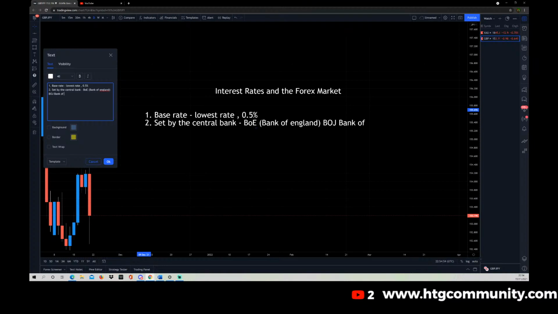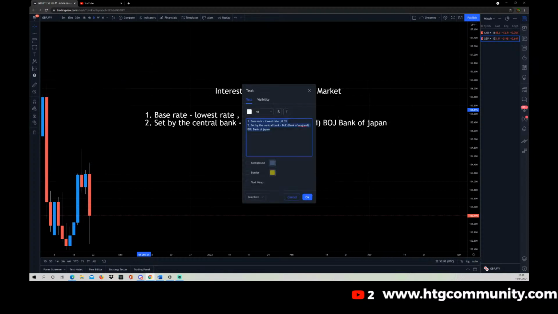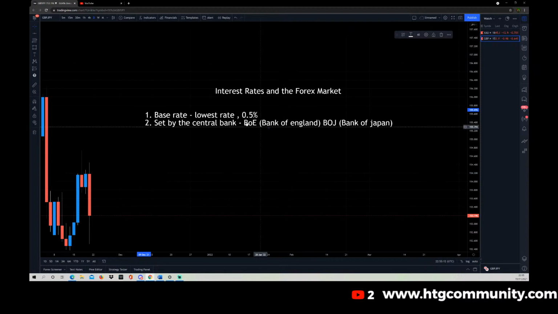So effectively, when it comes to GBP JPY, these are the two central banks that are really going to make a difference to the exchange rate between the pound and the Japanese yen. So that's who actually sets the rate, and that is the central bank of whatever currency it is.